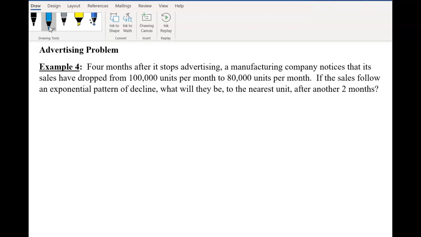So again, you have to take your initial condition, plug it in, and solve. So it said initially they were at 100,000. After 4 months of removing their advertising, it was at 80,000. So that's 0, 100,000, 4, 80,000.